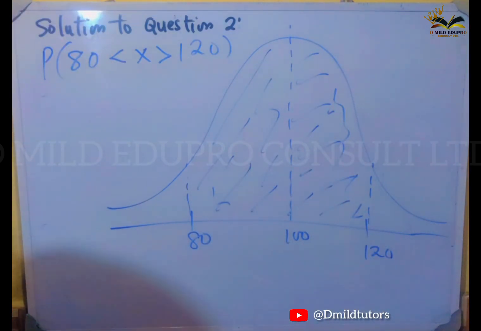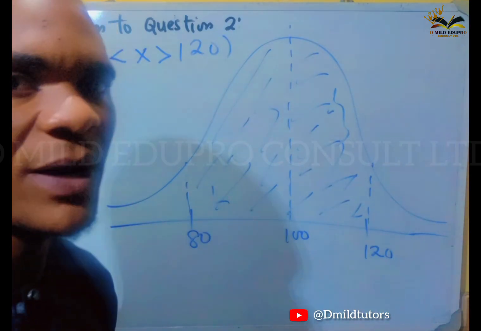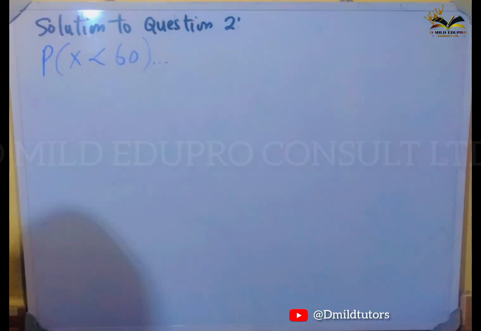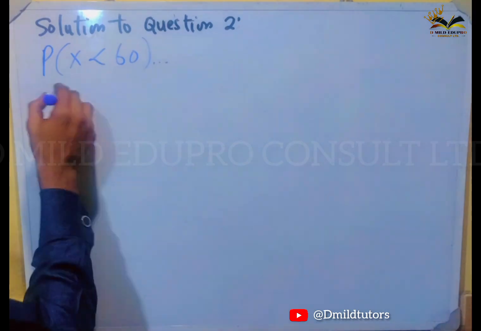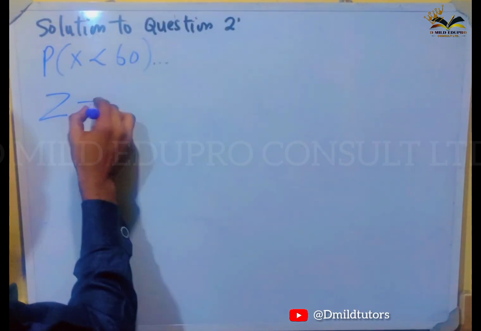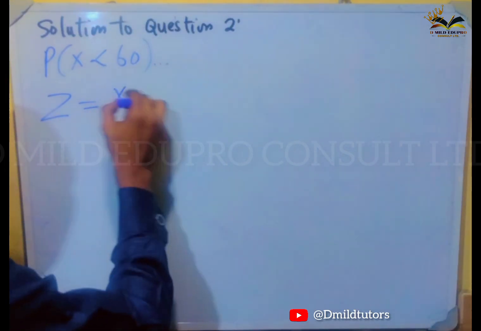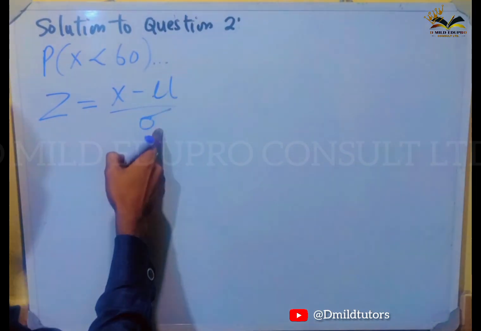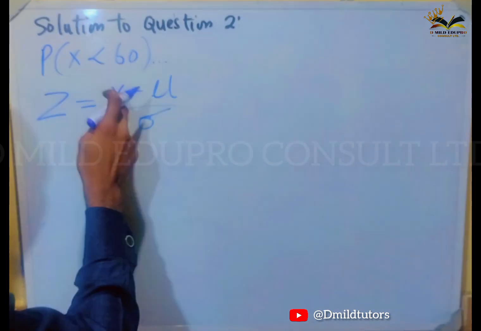Now the next one we'll be doing is the C part of question 2, and then that will be all for that question. This next one says probability of x less than 60. So you know what that means. First off, we use our z-score, which is x minus mu all over standard deviation. We have mu as 100, standard deviation as 20, and x as 60.